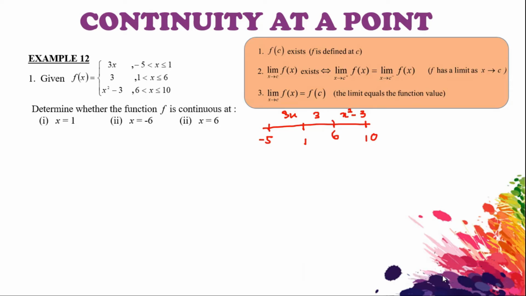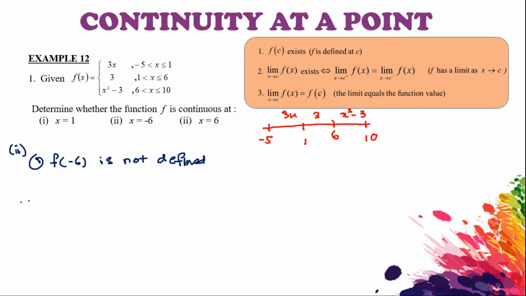Now we will see for number 2 when x equals negative 6. As you can see from here, there is no negative 6 in this range. Therefore, condition number 1 is not satisfied. Therefore, we can conclude that the first condition, f(-6), is not defined, because the range is until negative 5, not included.